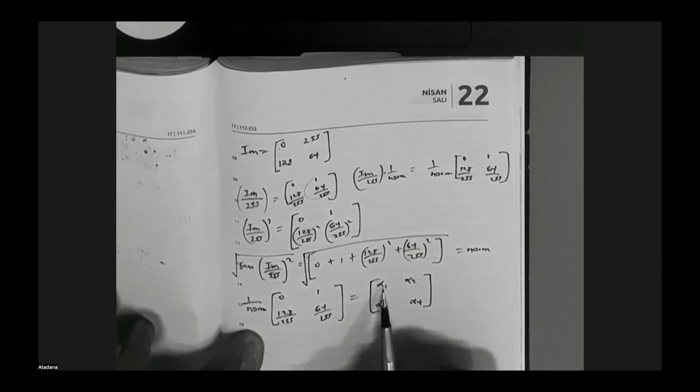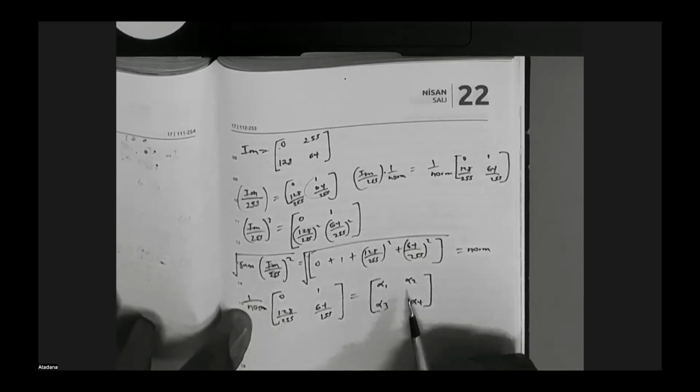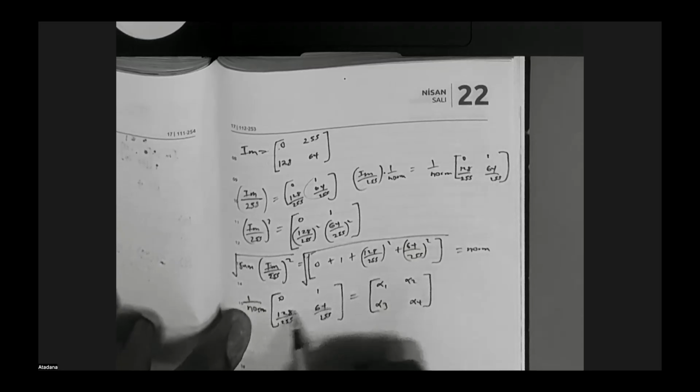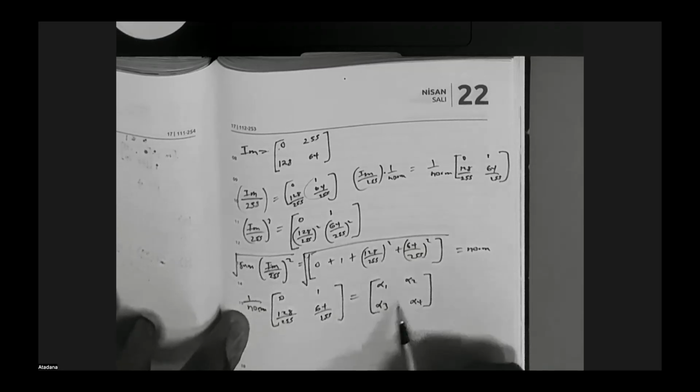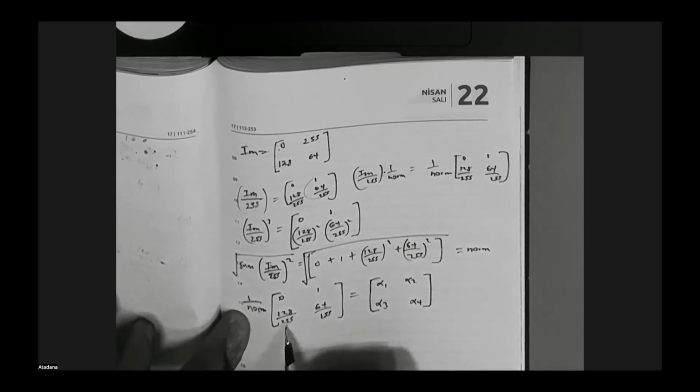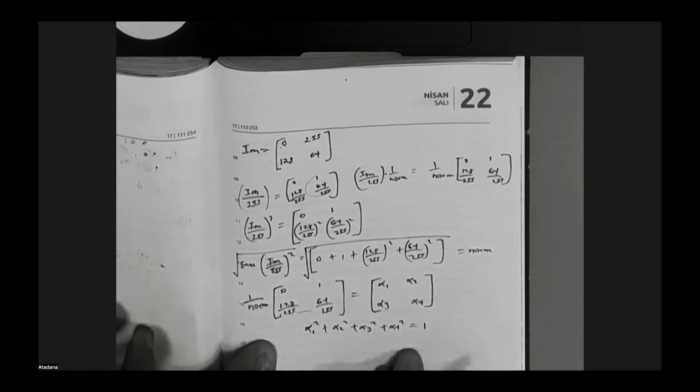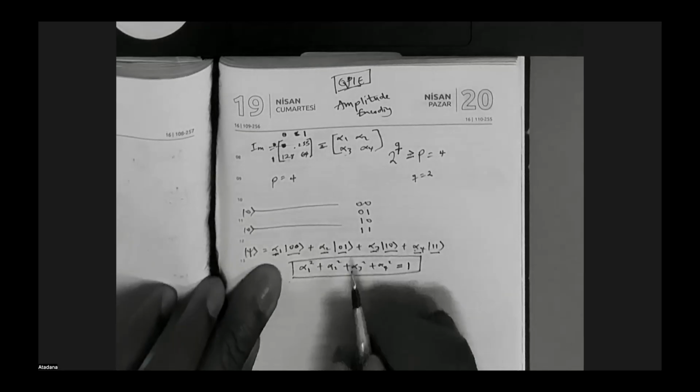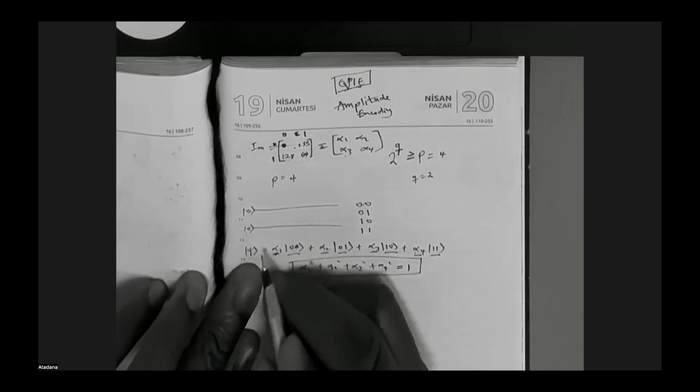These values should match. So alpha 1 is 1 over the norm times 0, which is 0. Alpha 2 is 1 over norm here, and alpha 3 is 1 over the norm times 128 over 255, and accordingly. So you can verify this. So we have this condition met, and that means we can now adequately represent our 2-qubit quantum state with this.